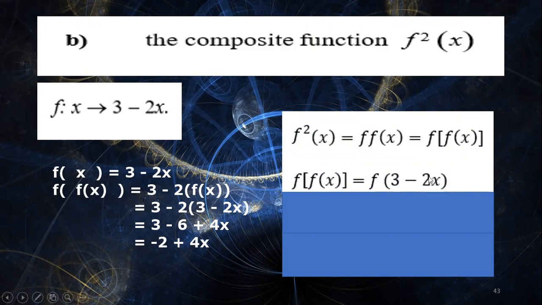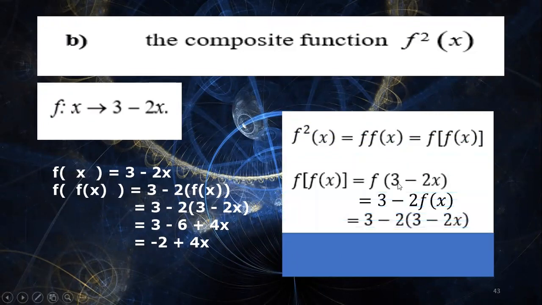We're simply going to put the expression of f of x into the brackets there. Next, we're simply going to equate f of 3 minus 2x and make it mimic whatever x does. So it's going to be 3 minus 2 into f of x. Then we replace f of x with 3 minus 2x in this line here.